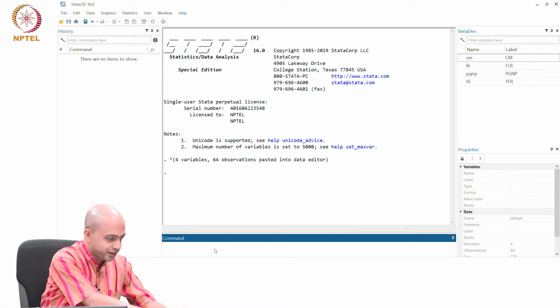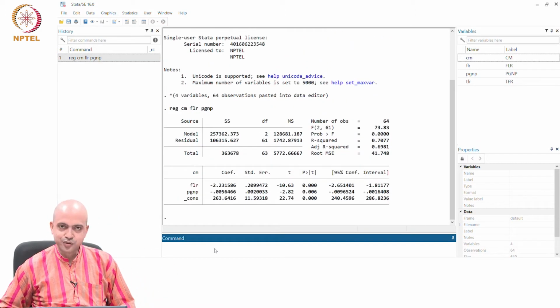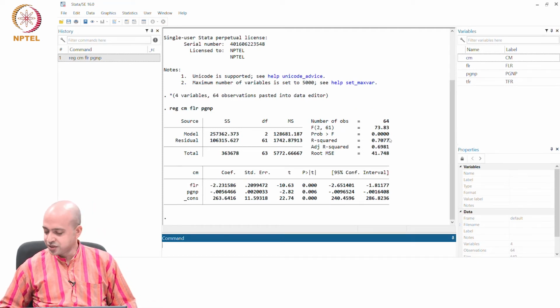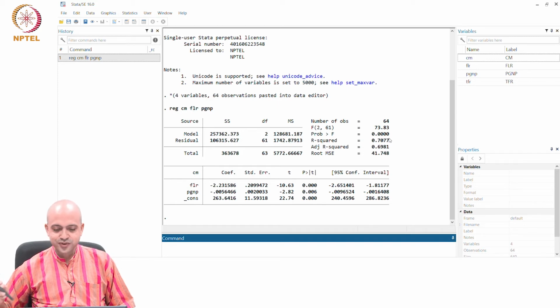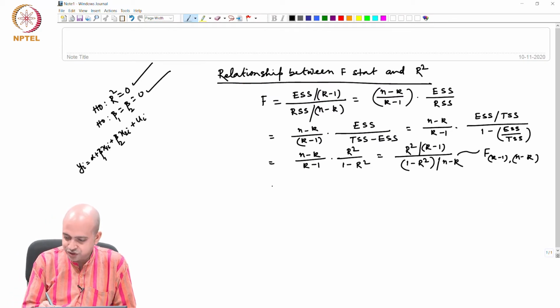So, if we write reg CM, then FLR and then PGNP, then this is our model. And what is the R square? The R square value is 0.7077, okay, 0.7077.